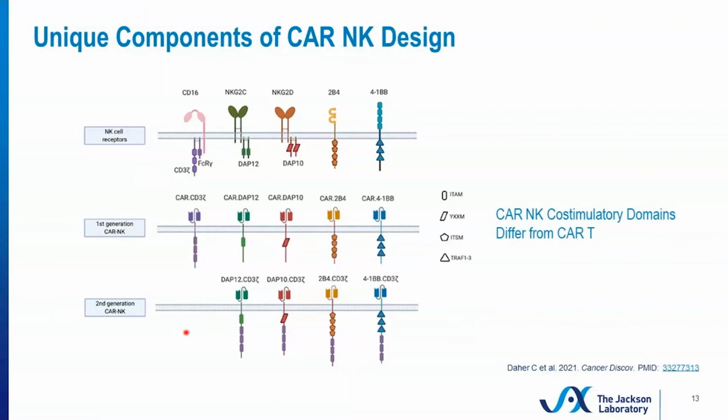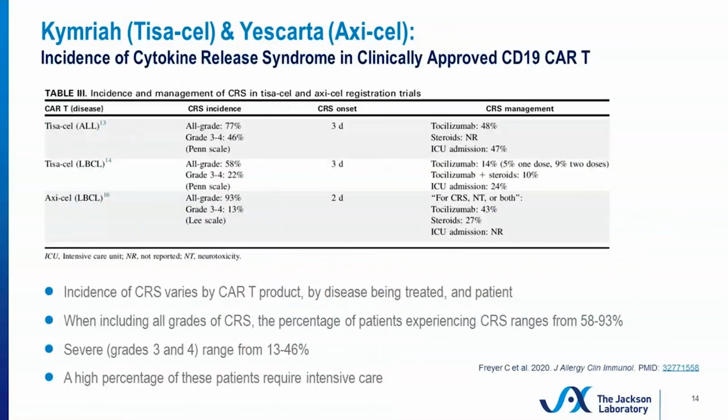And then in the second generation, they're combining these natural co-stimulatory domains that are associated with natural killer cells along with the CD3 zeta component of the arm. So you could see a lot of the similarities in technology between applying these receptors to these different cell types.